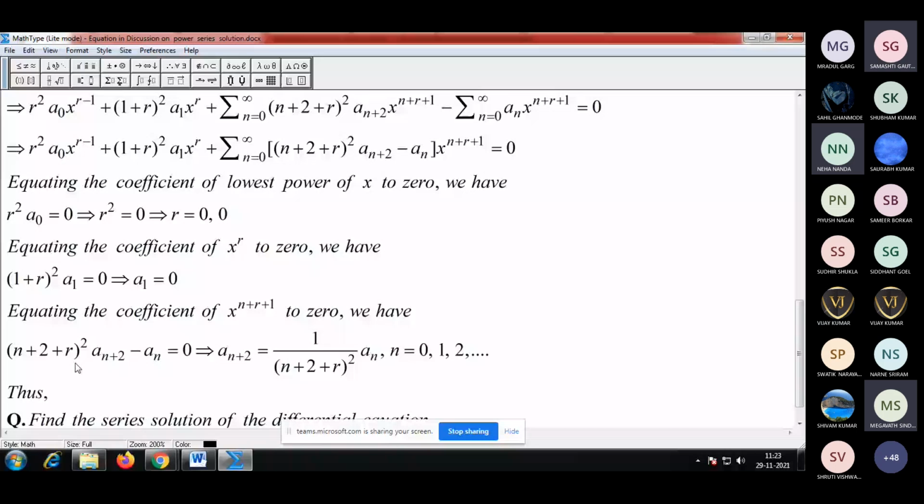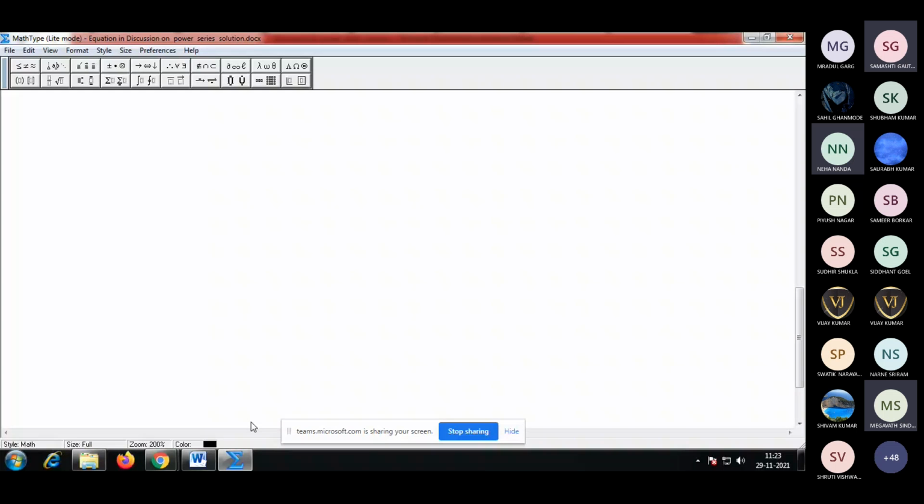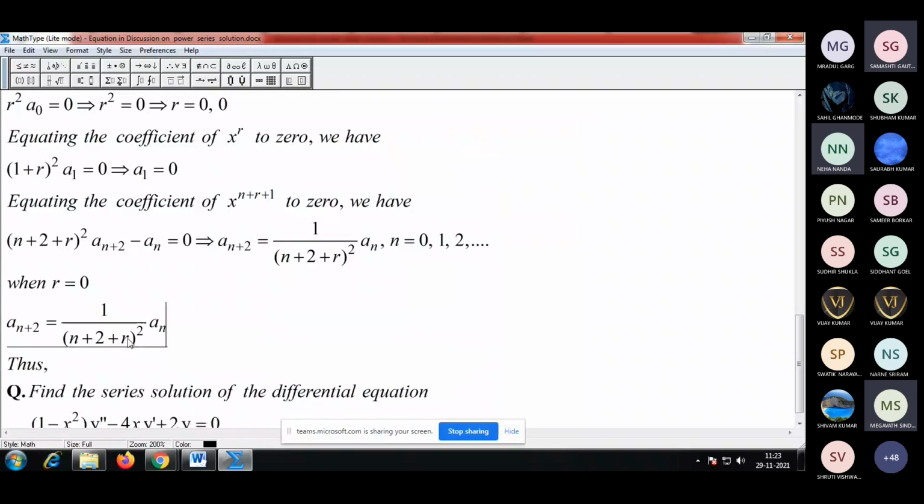So first what we can do, at r equal to 0, we can evaluate the value of a(n+2). When r is 0, this term is going to be over.